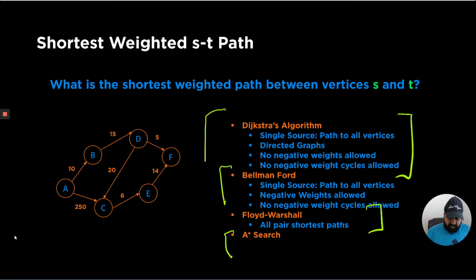But the top three, Dijkstra's, Bellman-Ford, and Floyd-Warshall, are the most common ones. A-star is in a completely different paradigm. Let's say if you take the AI for games course, you're going to go over A-star search, but it is pretty similar to Dijkstra's algorithm. These are just tweaks in Dijkstra's algorithm.